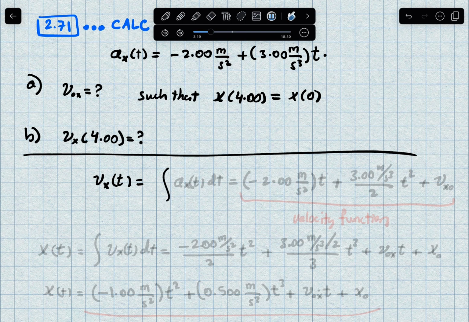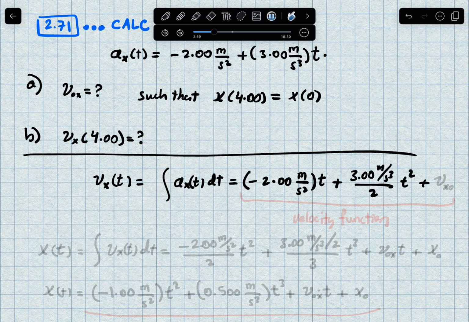And it goes like this. The integral of acceleration as a function of time multiplied by dt. This will give us negative 2 meter per second squared multiplied by time, plus 3 meter per second cubed over 2 multiplied by t squared.